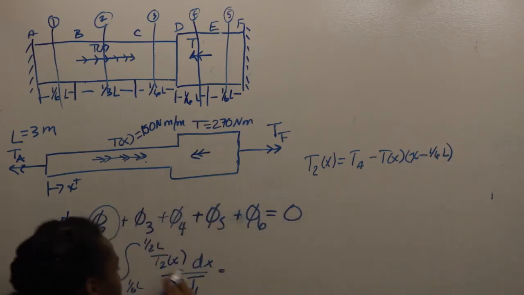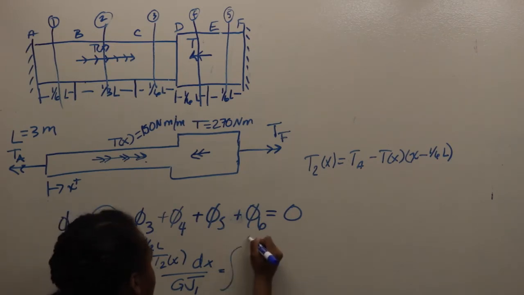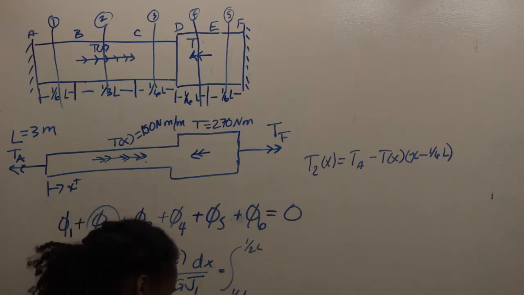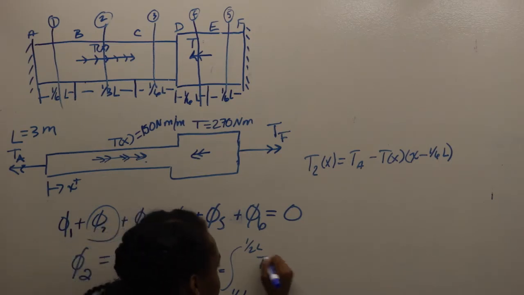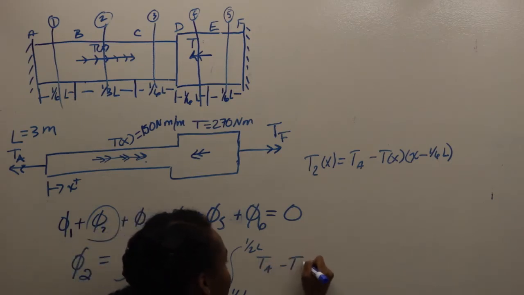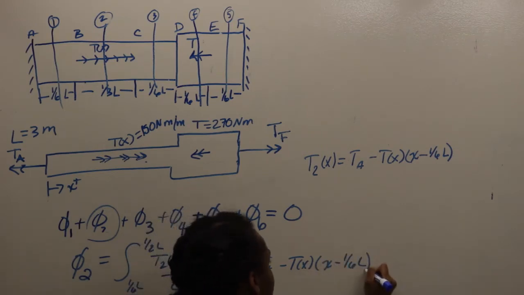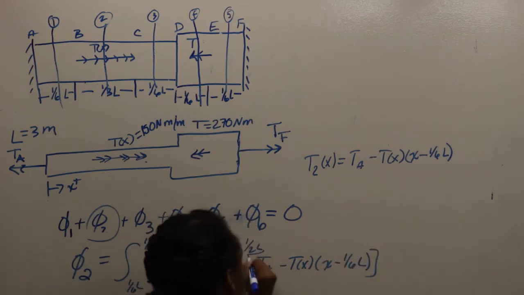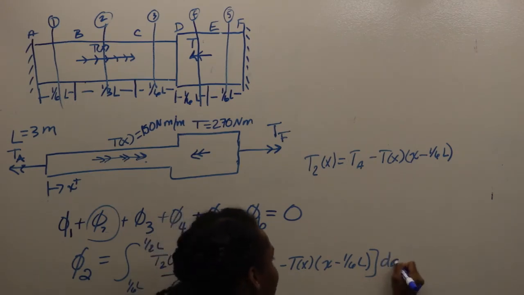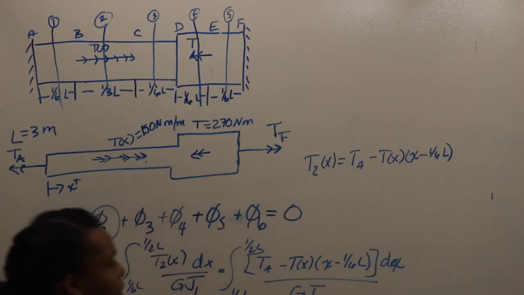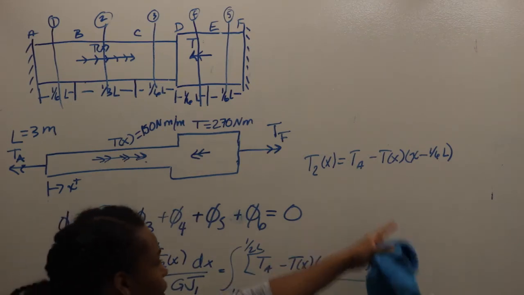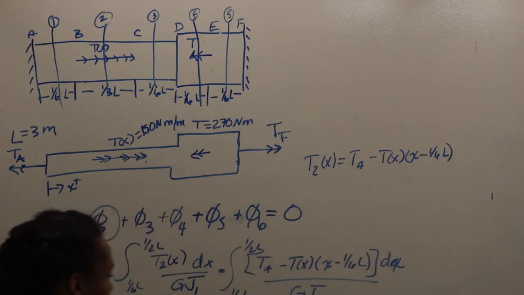So then you'll pull this into here and you'll get the integral from 1/6 L to 1/2 L of TA minus TX, X minus 1/6 L, dx, over GJ1. So now you have to integrate all of this over this interval.